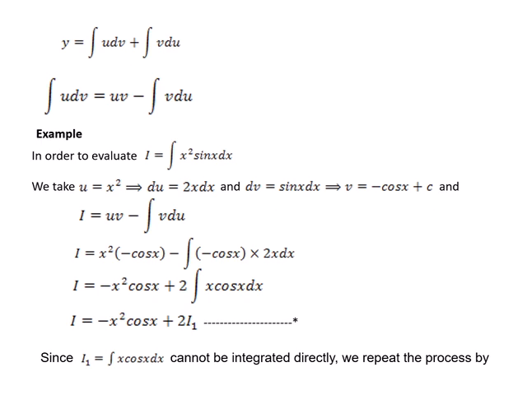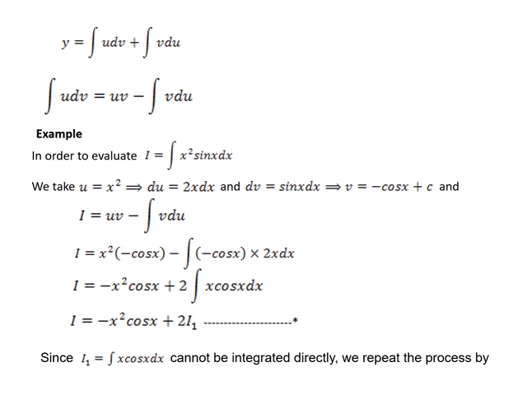If we do the multiplication here, the minus minus becomes plus. That is why it becomes 2s cos s ds. Then we take the 2 outside the integral sign. We are left with s cos s ds.